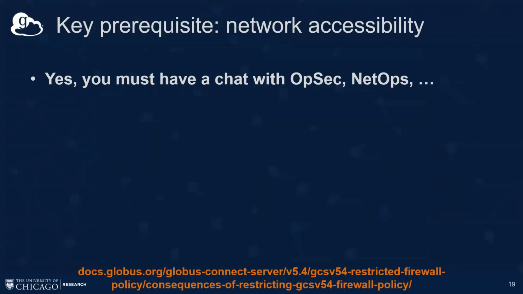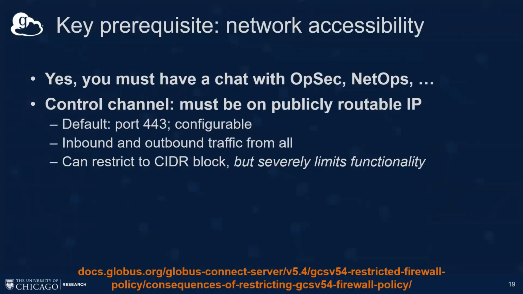So, prerequisites. Yes, that's a network accessible system, so you have to chat with your security and network people and all that. The control channel must be on a publicly routable IP. The default port is 443, so we recommend 443 in and out. This is configurable.